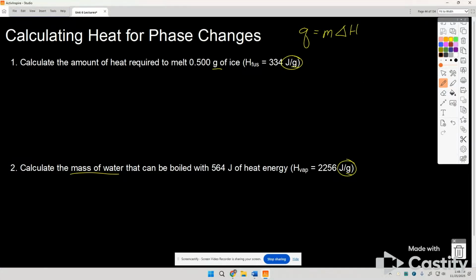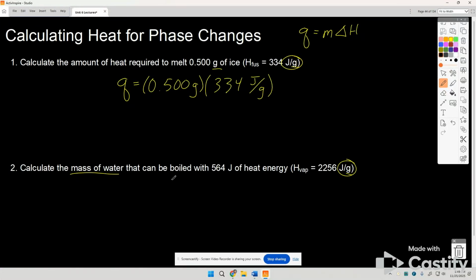Let's start trying to use it and see what kinds of answers we can get. First up, number one, we are calculating the amount of heat required to melt that ice. Heat is Q, that's what we're solving for. How much ice do we have? Well, we have 0.500 grams of ice, that's the mass. And the delta H is 334 joules per gram.